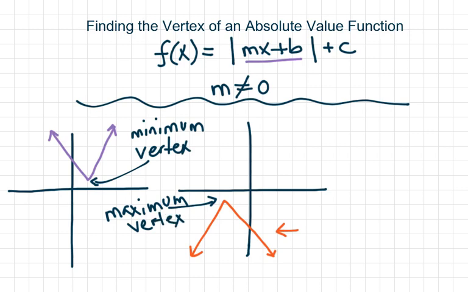You can think of a maximum vertex as a mountain range, and the very top is the maximum, right there. The maximum is where the function goes from increasing to decreasing.